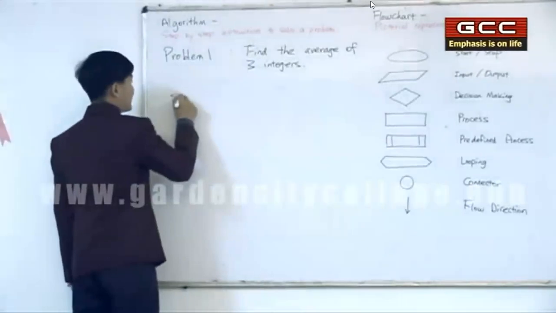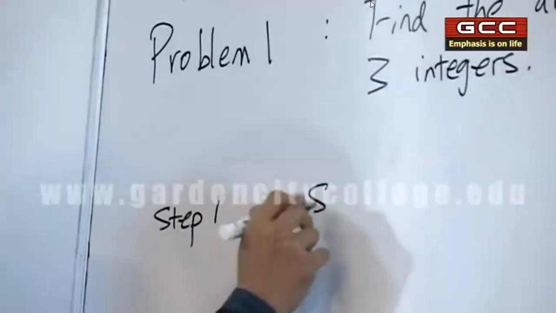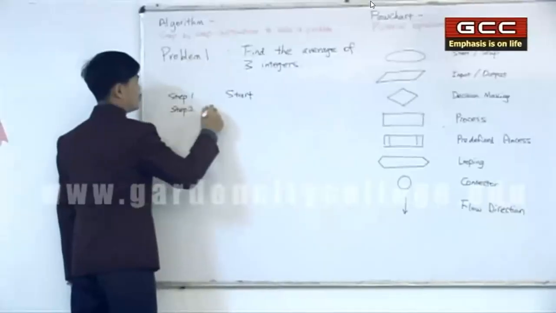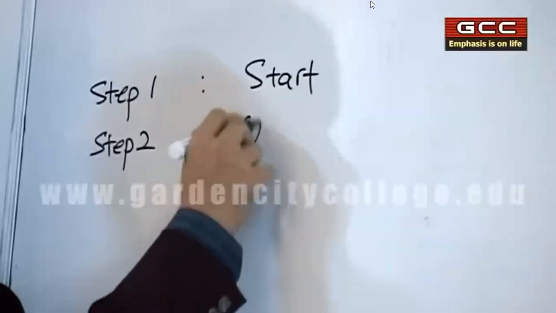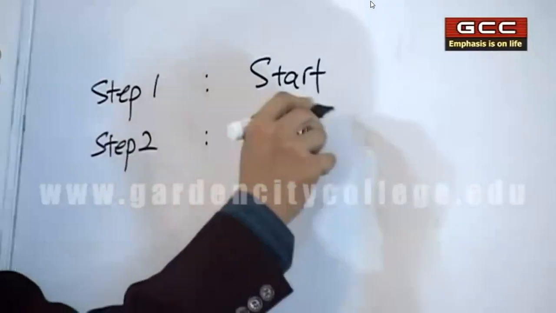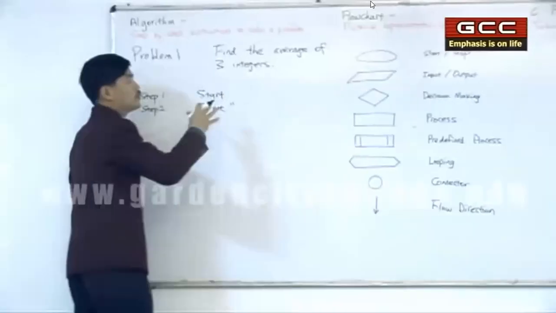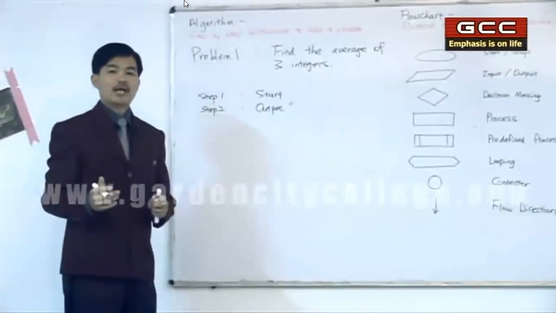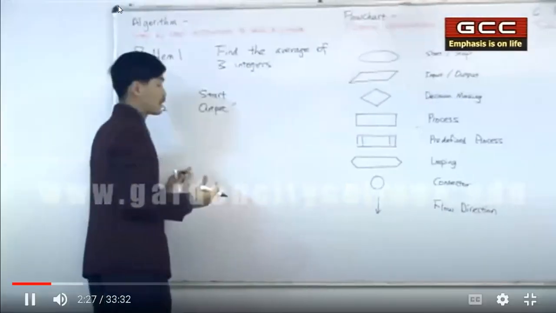Well, we start with step 1, start. Then, step 2, we have to output. We need to let the users know what program we are running, so we need to give some instructions.